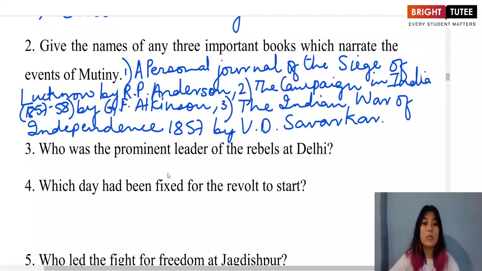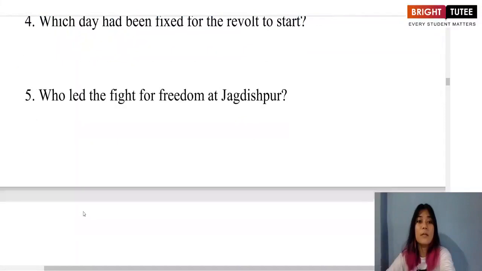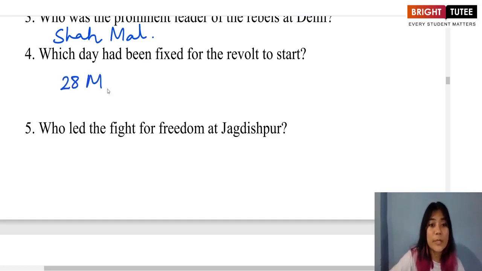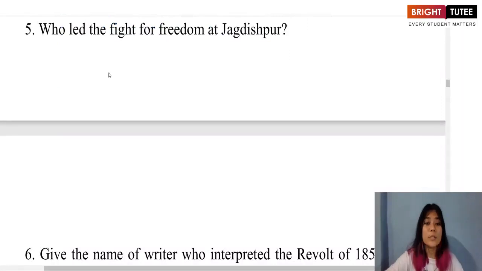The next question, who was the prominent leader of the rebels at Delhi? Shah Mal. The next question. Which day had been fixed for the revolt to start? 28th of March, 1857. The next question. Who led the fight for freedom at Jagdishpur?